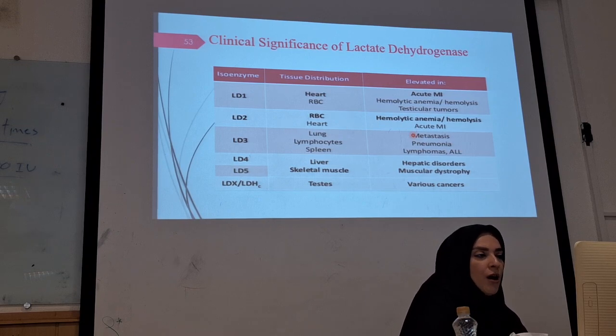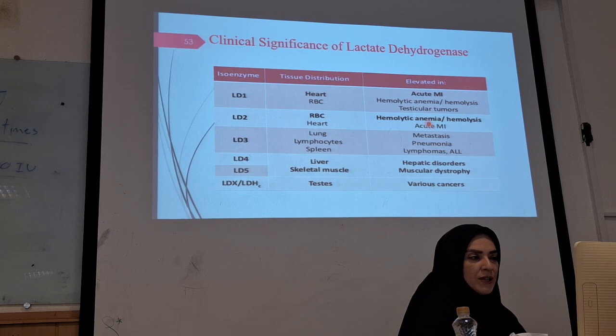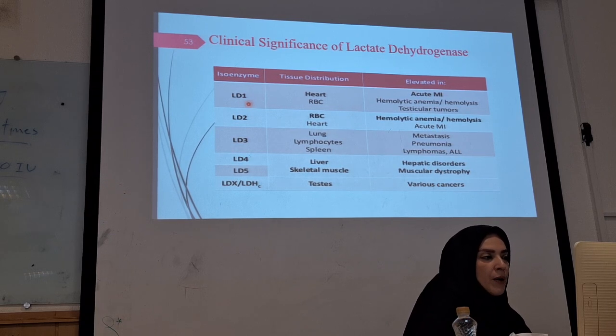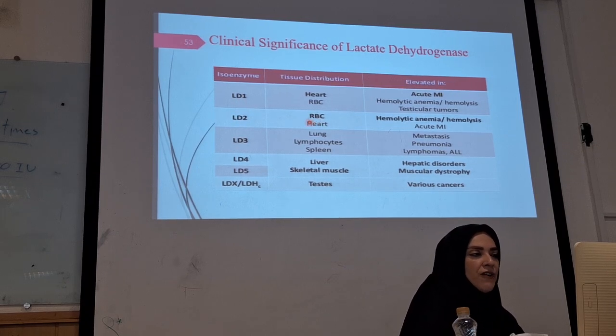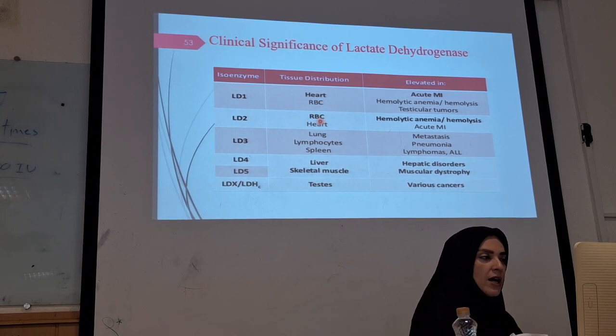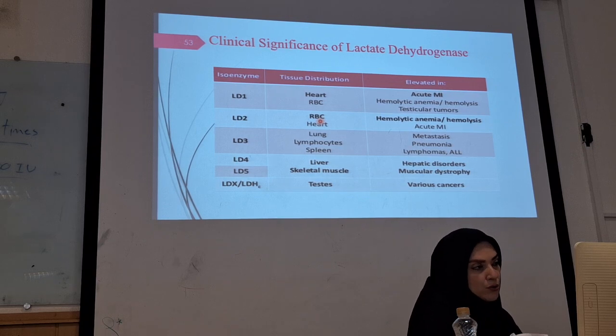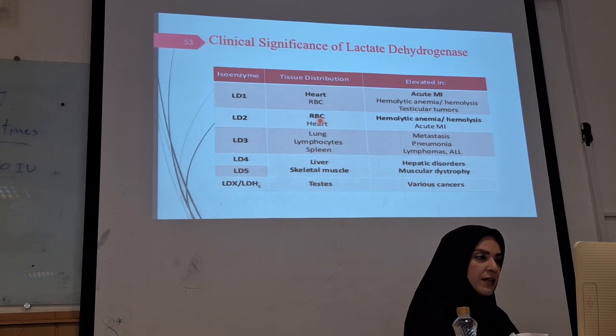As I mentioned, for anemia, which is the most important application of this enzyme, we should choose number 1 and number 2 because of the tissue distribution. And lactate dehydrogenase number 2, compared to number 1, is most frequently found in RBC. So, lactate dehydrogenase 2 may be the best choice for anemia.